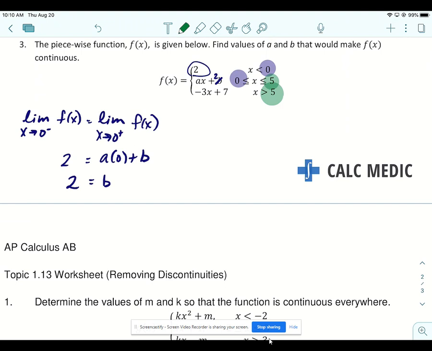All right, so dealing with the 5, we need the limit as x approaches 5 from the left of f of x to equal the limit as x approaches 5 from the right of f of x. And to find this, we're going to take 5 and plug it in for x. Now I know b is 2, so I just went ahead and used 2.